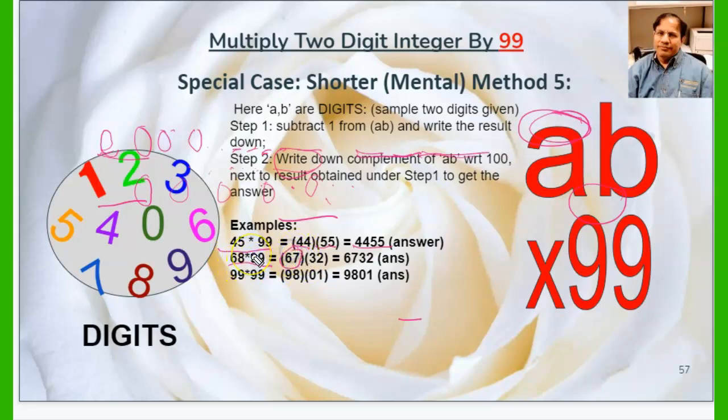We take 1 less than 68 on the left side, and then complement of 68 is 32. So we end up with 6732 as the answer. If I multiply 99 times 99, then the left two digits are 98. Then the complement of 99 is 1. So the answer is 9801.